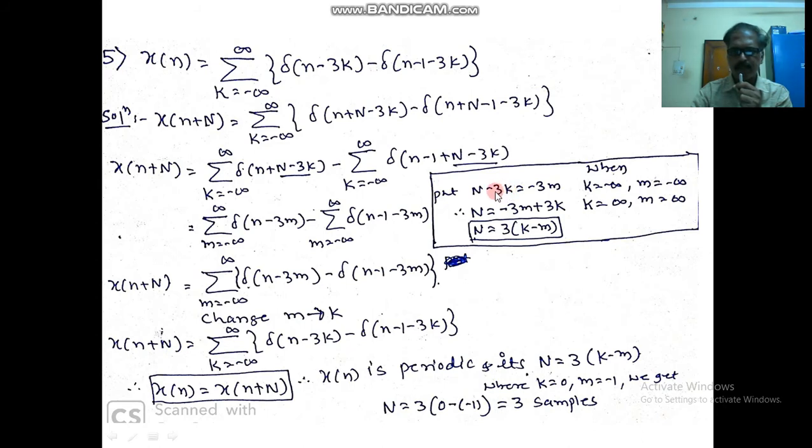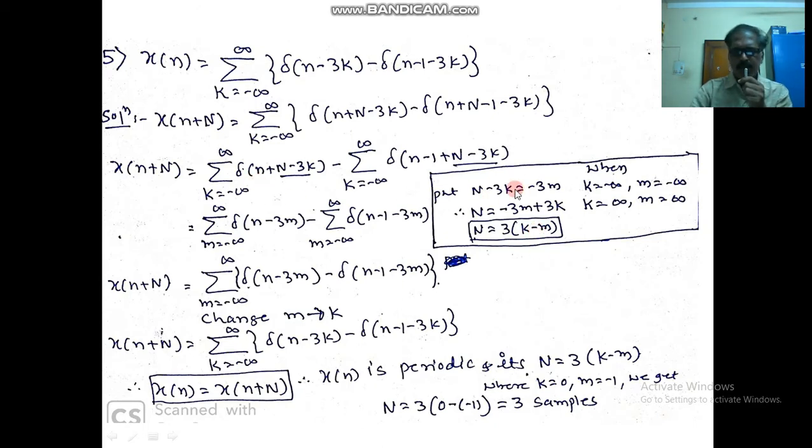Minus into minus is plus, 3 into infinity, so m equals minus infinity. When k equals plus infinity, substituting in this equation, you will get m equals infinity. Now I will find the value of capital N: n minus 3k equals minus 3m gives capital N equals minus 3m plus 3k. Taking 3 as common, capital N equals 3 times k minus m.